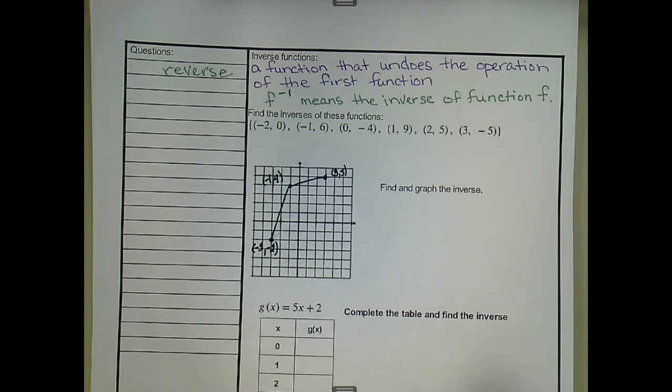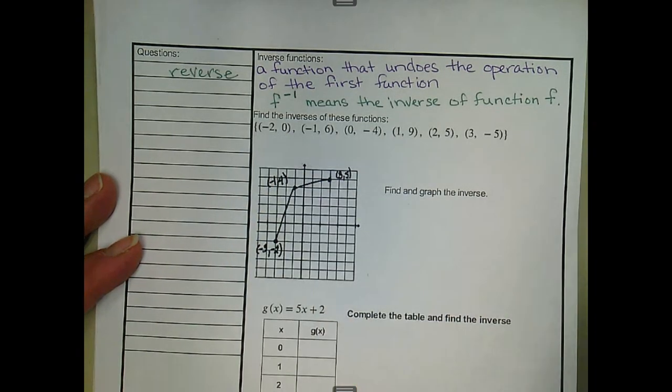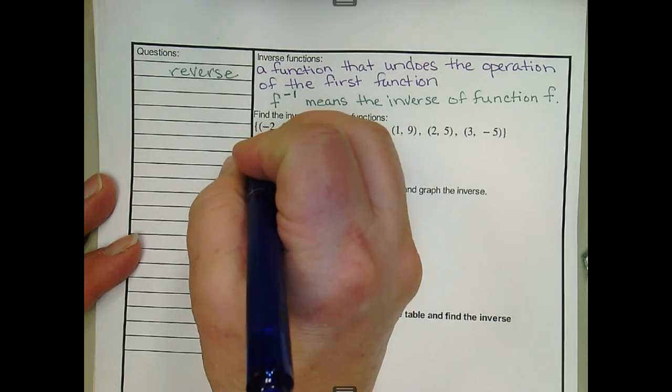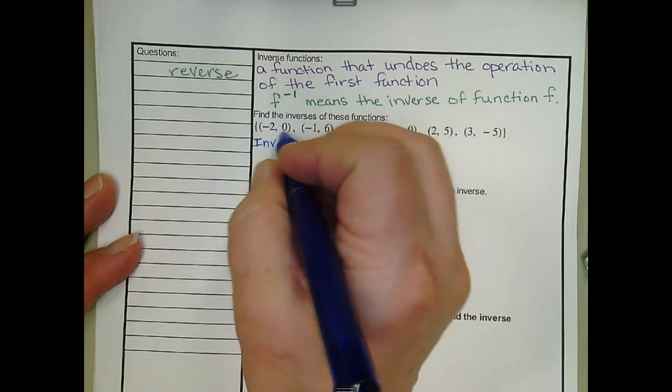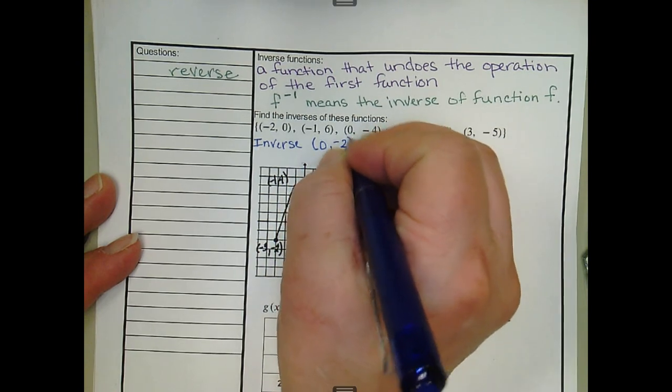So as I'm looking at the inverse, I've got the point negative 2, 0. I'm going to switch them around. Negative 2, 0 becomes 0, negative 2.